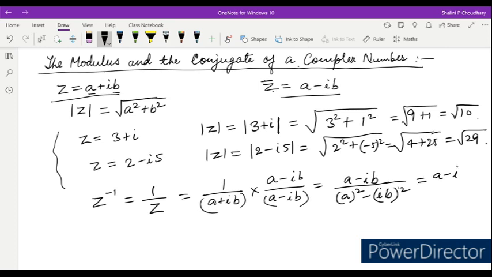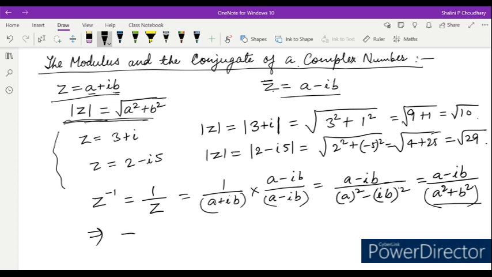So a minus ib divided by a square, and minus i square will be minus 1, so minus minus plus b square. a square plus b square. What is this? This is the square of modulus of z, since modulus of z is the square root of a square plus b square.